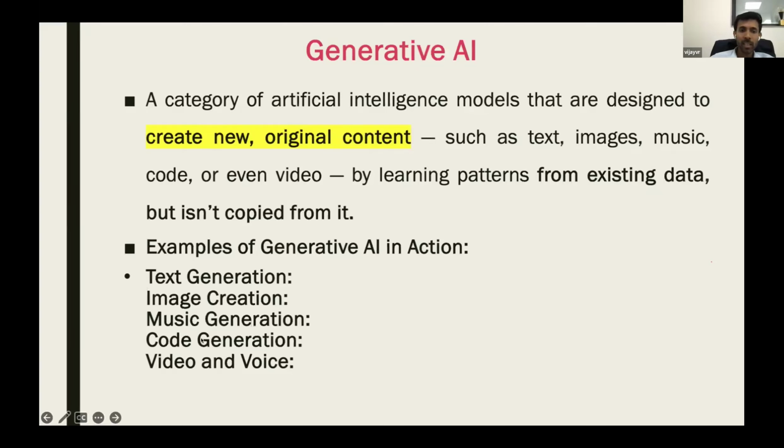It can generate text, images, music, or any code, as we commonly use in ChatGPT. ChatGPT, Gemini, or Copilot are some of the commonly used generative AIs. ChatGPT is by OpenAI, Copilot is by Microsoft, and Gemini is by Google, platforms that all of us commonly use.